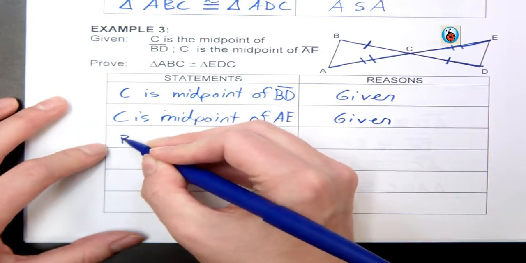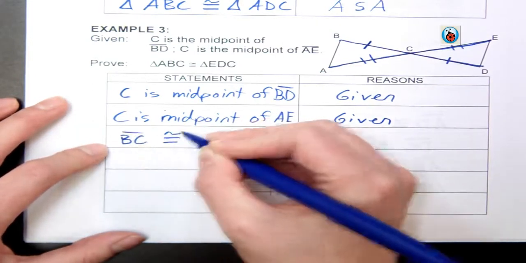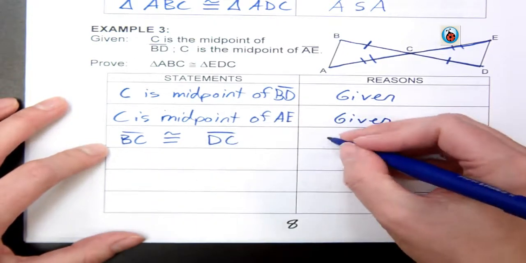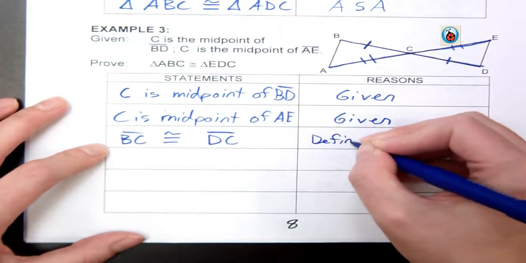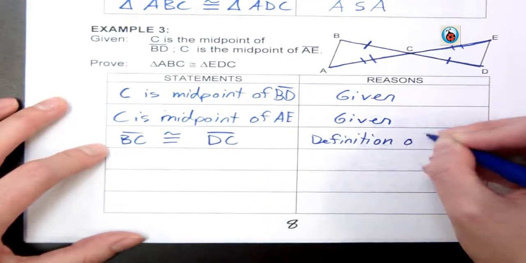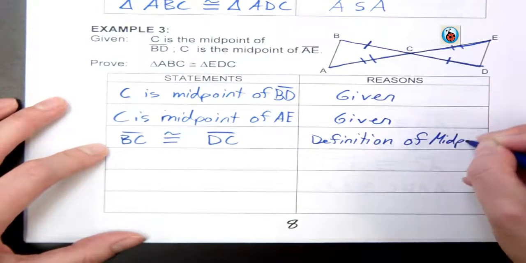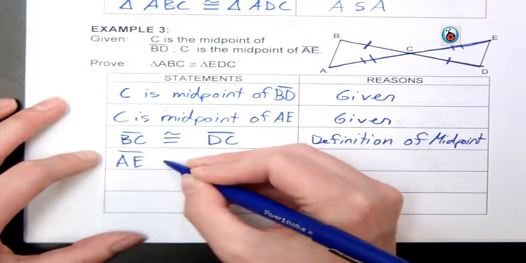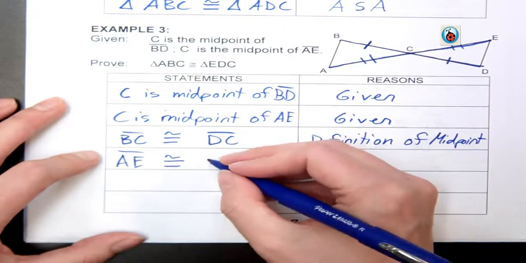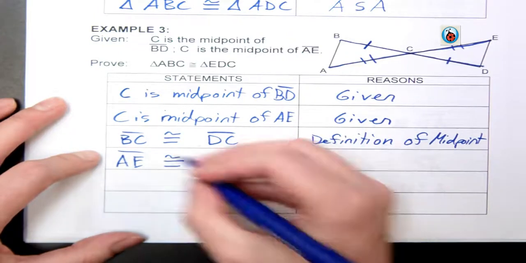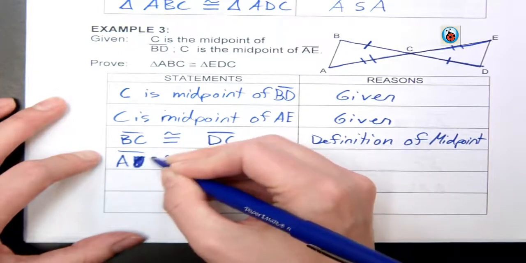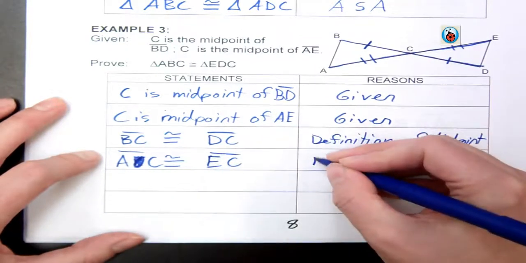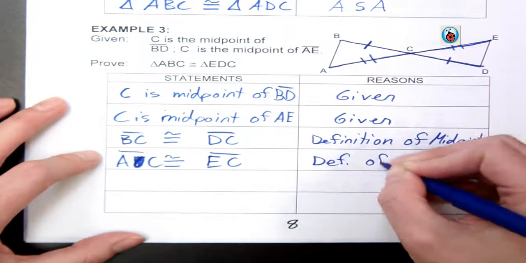So BC is congruent to DC, and that would be my definition of midpoint, and AC is congruent to EC, and that is also my definition of midpoint.